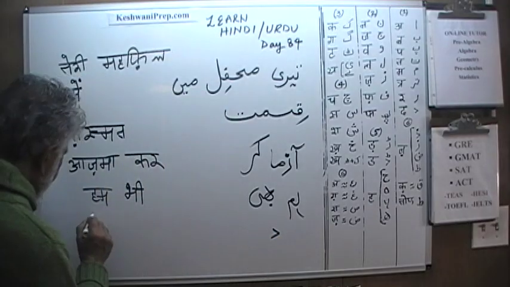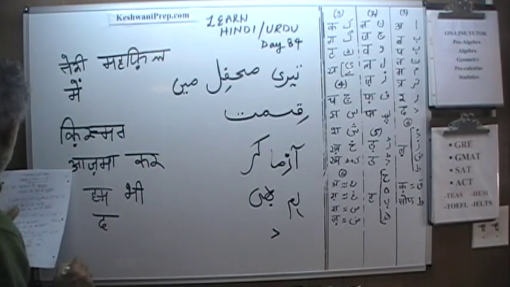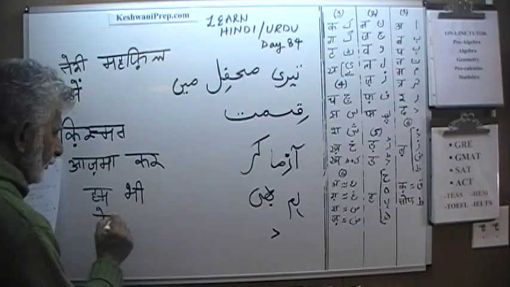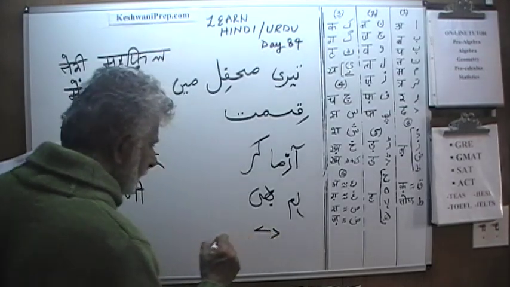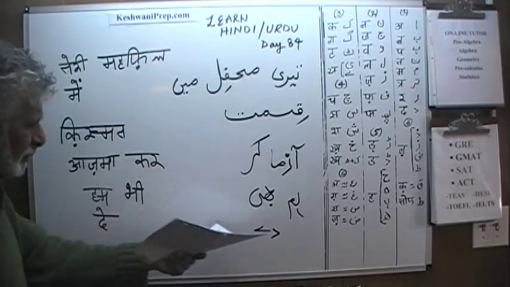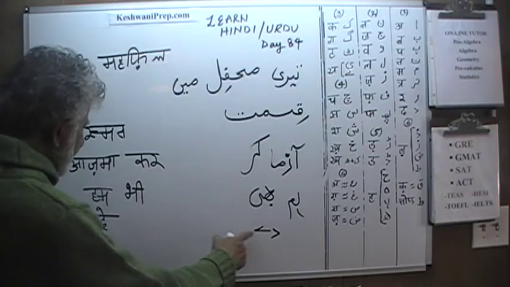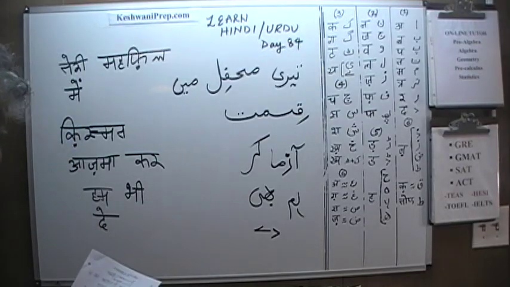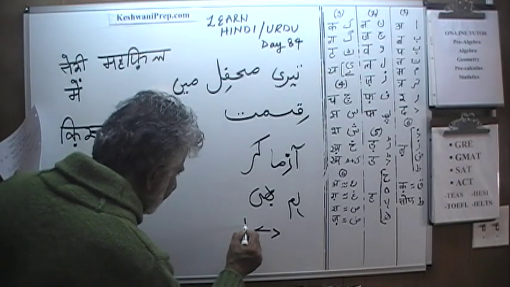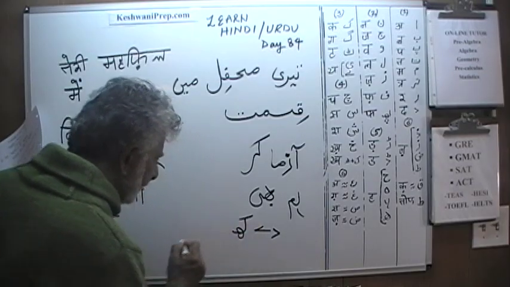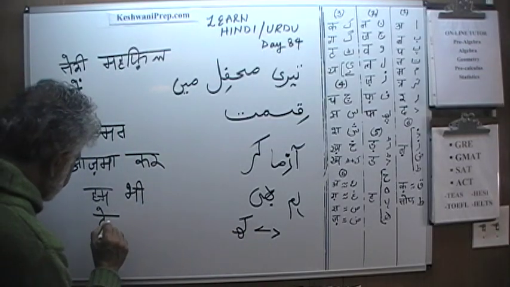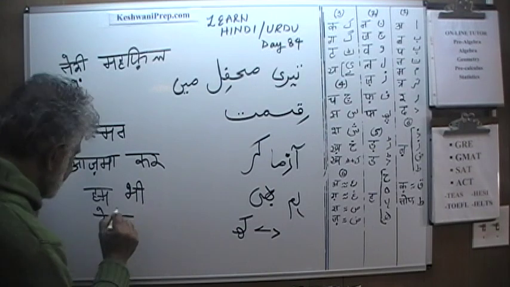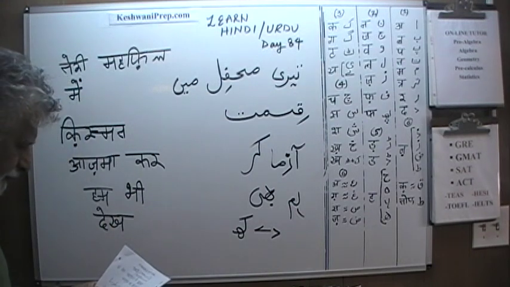Dal, that's a da. We don't need a da, we need a de. So we need a badi ye, that's what I meant to say. We need a badi ye, which gives us choti ye ki matra, de. Then we have a kaaf, which is the same as ka before, and a he. That gives us kh.